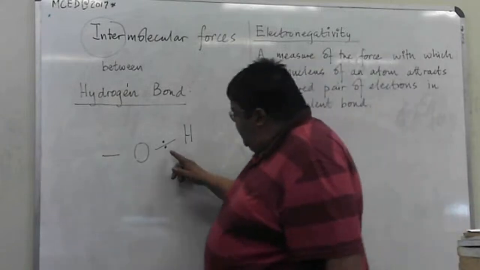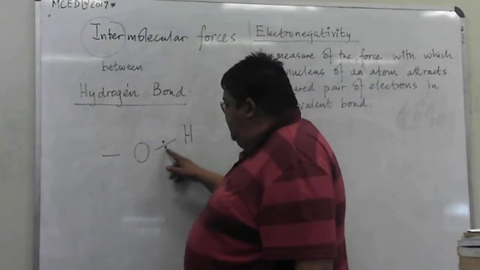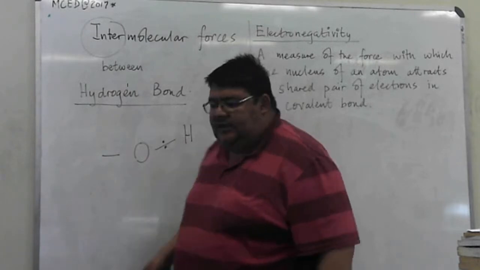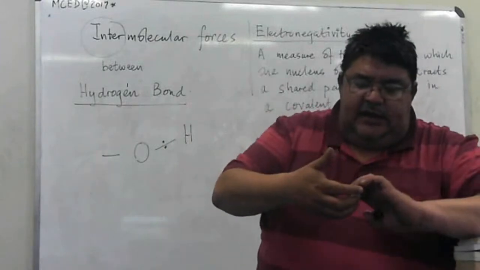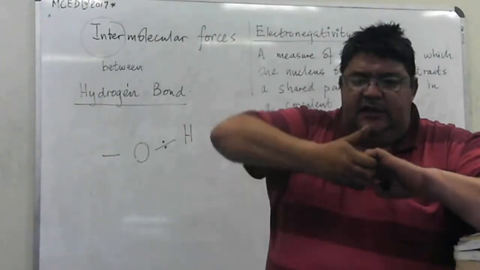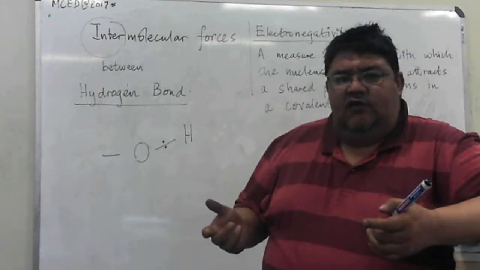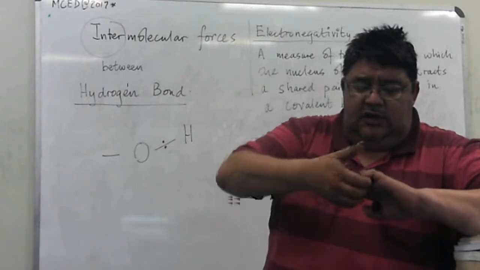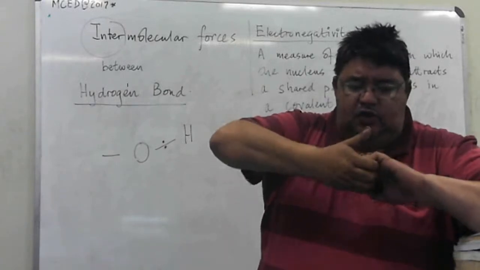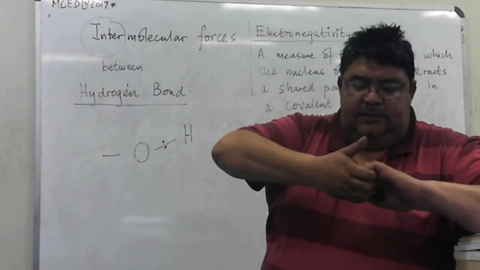So this shared pair of electrons is attracted to that nucleus. It is also attracted to that nucleus. And a tug of war develops between the two. If they are pulling at the same strength, then that bond will stay there forever. And that is called a covalent bond. So a pure covalent bond is very, very strong. It is an attraction between two nuclei pulling on the same shared pair of electrons.